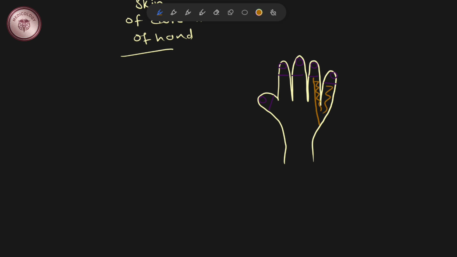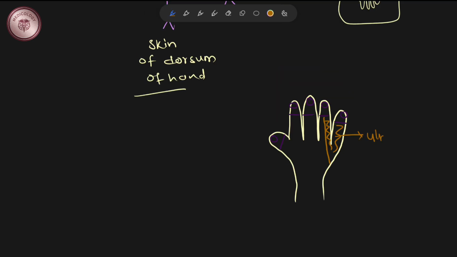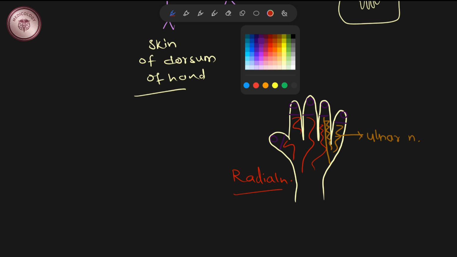This part, 1.5 fingers, is supplied by the ulnar nerve because this is the ulnar side. And these 3.5 fingers are supplied by the radial nerve, including our anatomical snuffbox. What about the nail bed area? This nail bed area is supplied by the median nerve.